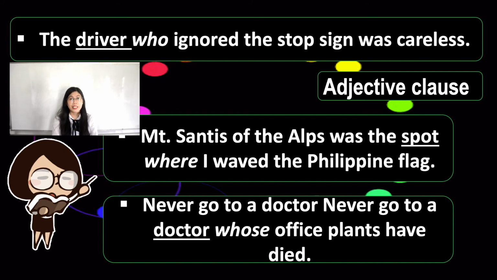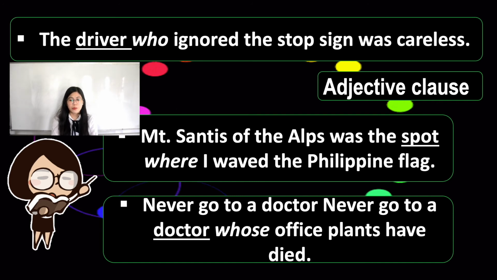Okay, so the dependent clause would be who ignored the stop sign was careless. And since we are using a relative pronoun, the dependent clause who ignored the stop sign was careless will now be called an adjective clause.